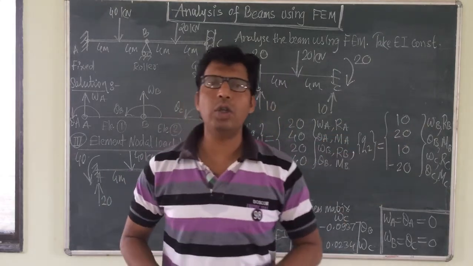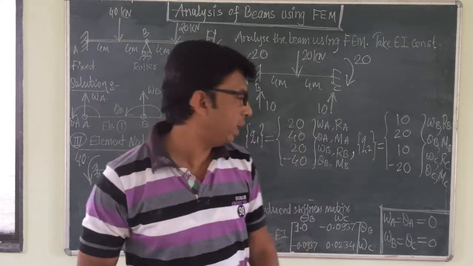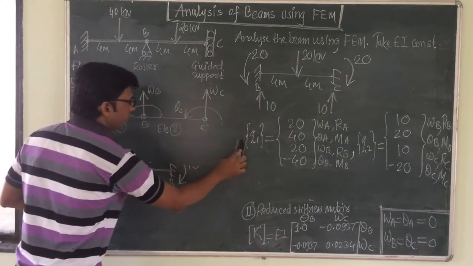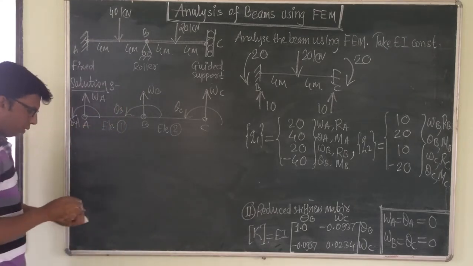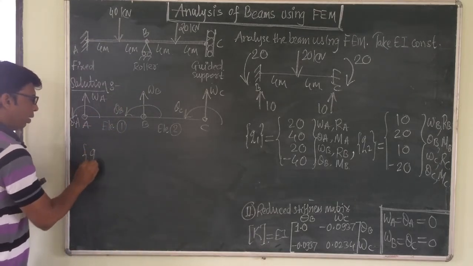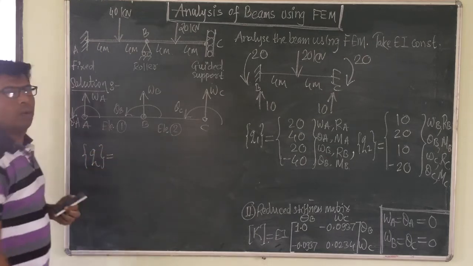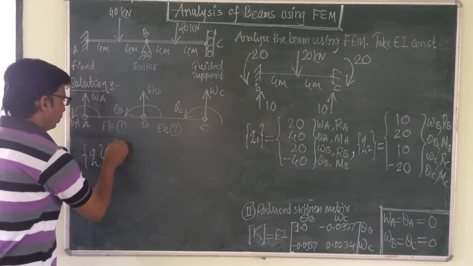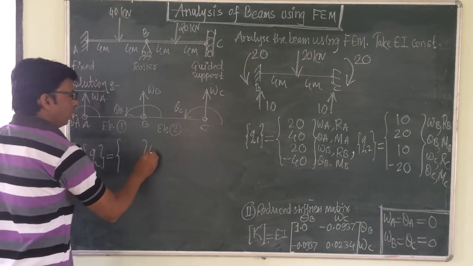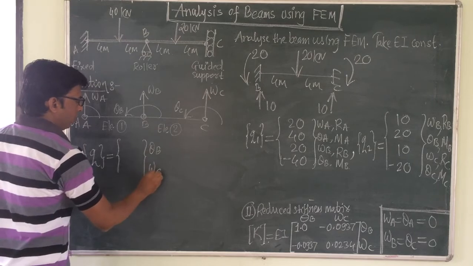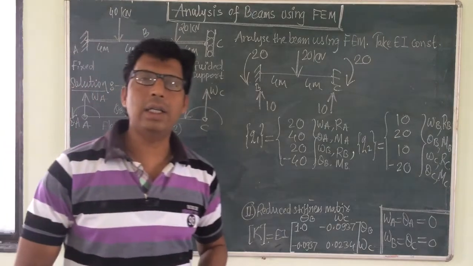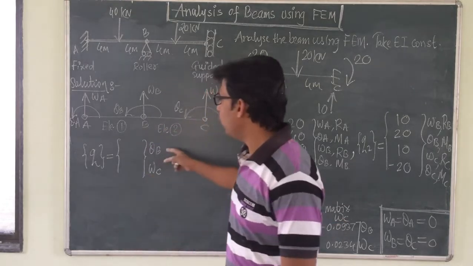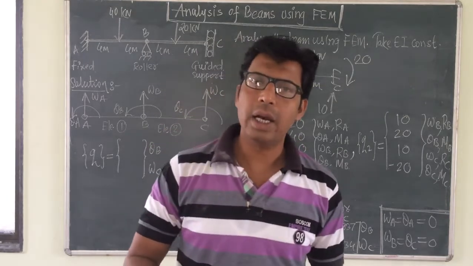So we have to write down small q for only the unknown displacements. The final q, that is the final element nodal load vector, is equal to: our final unknowns are theta B and WC. So write down only 2 elements corresponding to theta B and WC.